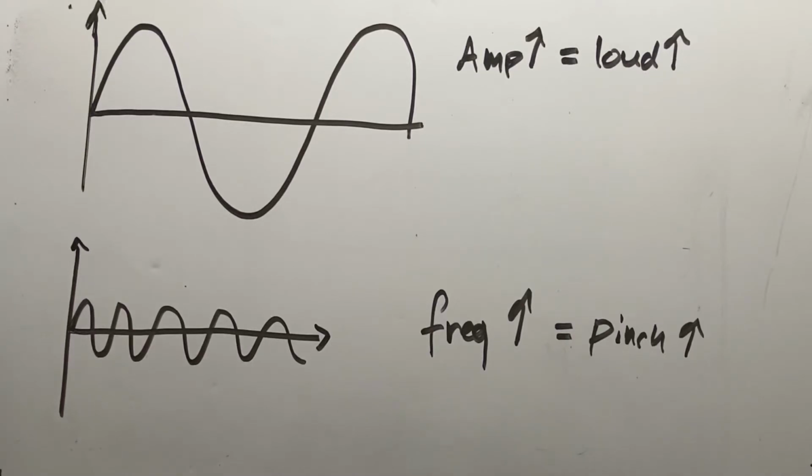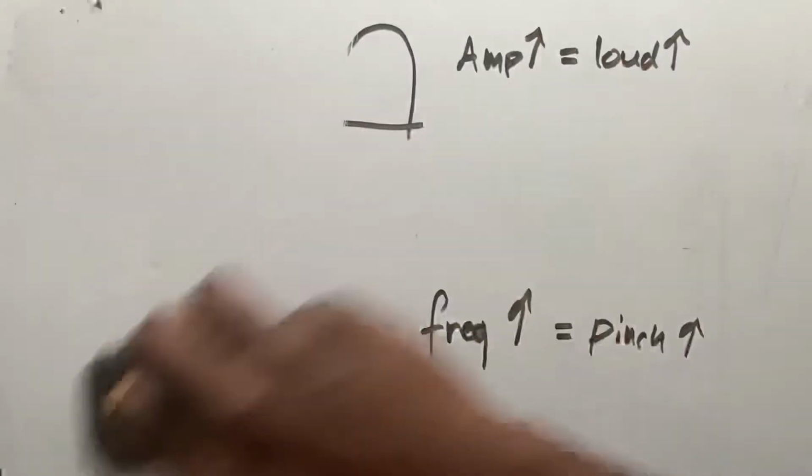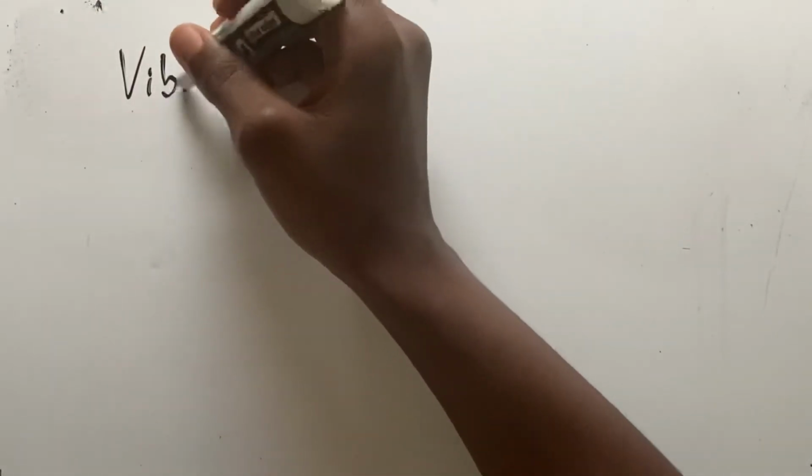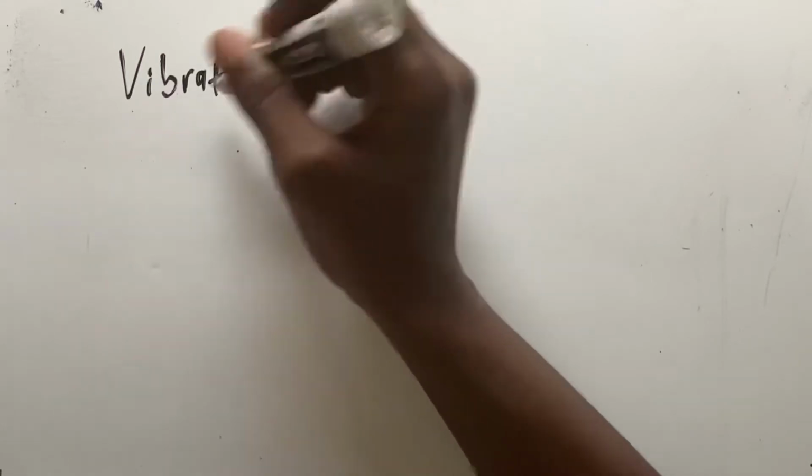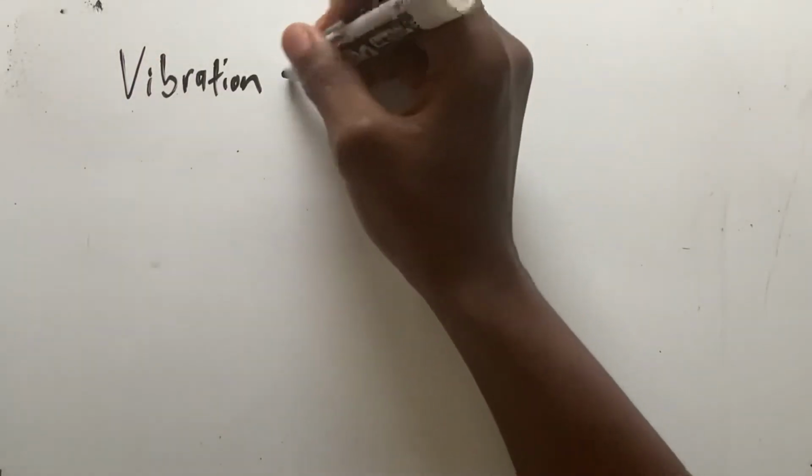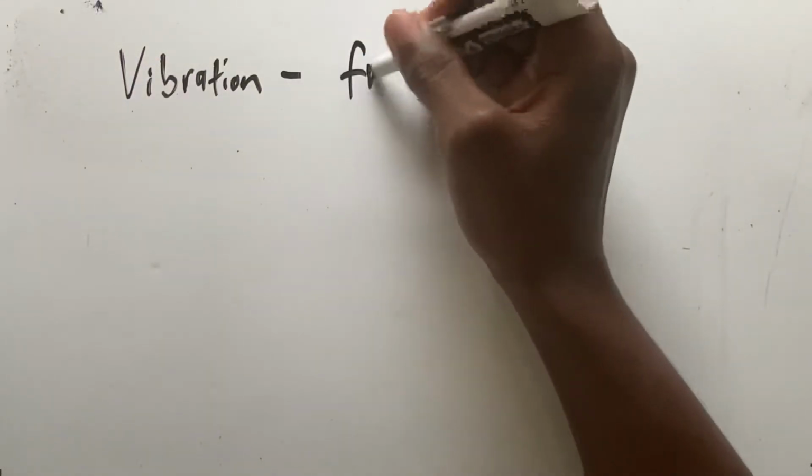All right, so let me just look through the slides here, make sure I didn't miss anything. Okay. So just to say a few more things about that. Vibration, which again is just a wiggle in time, is described with the frequency.